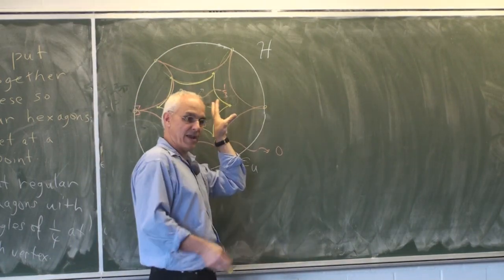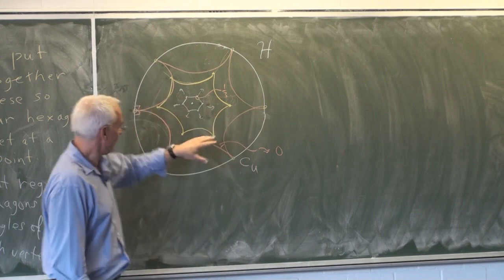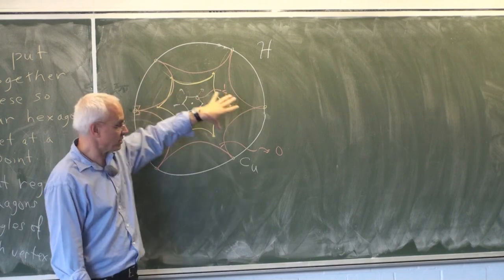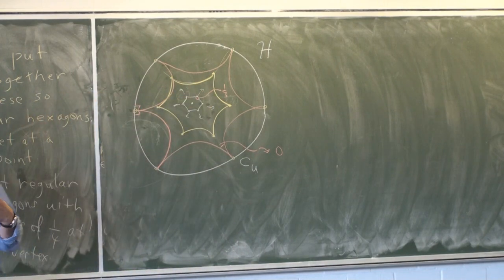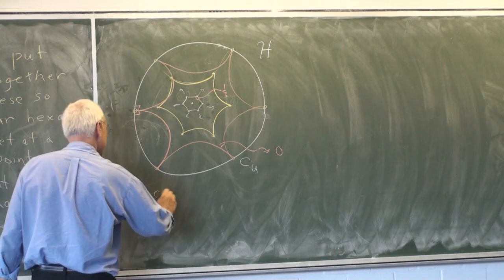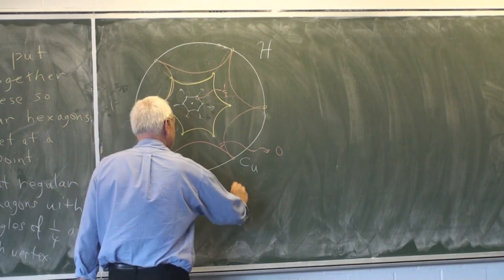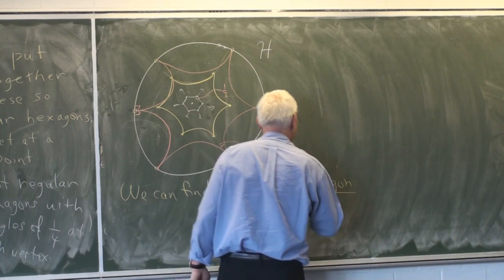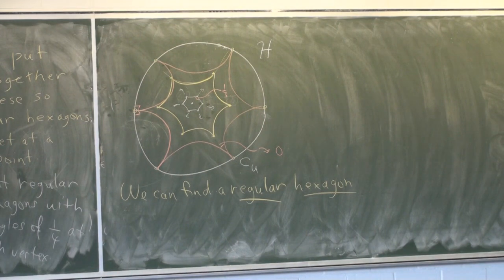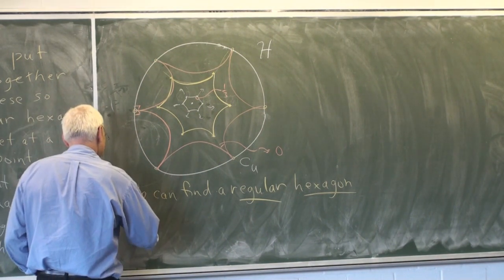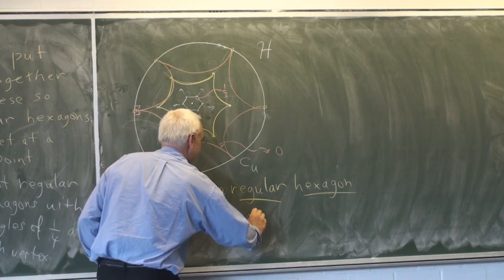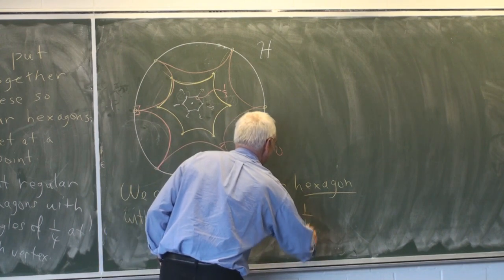Even though it's a regular hexagon, completely regular, all the sides look exactly the same, all the angles are the same, nevertheless, there's this degree of freedom in what it actually looks like. So we can find a regular hexagon with interior angles, or turn angles, equal to 1/4.